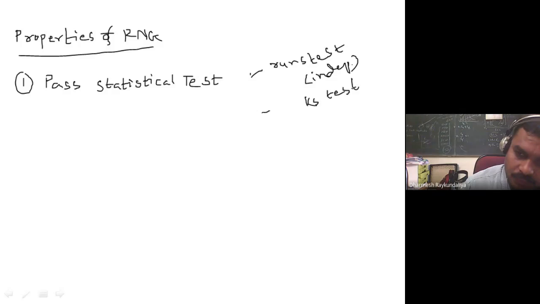To identify whether the generated sequence is independent, we use the runs test. There are also some other tests that we will discuss later.